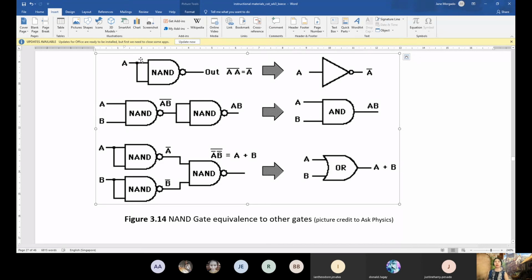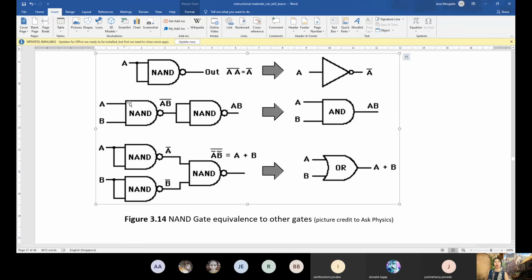We have A, so if both inputs are A, A times A is A, and then invert, so it becomes A prime. And then here we have a NAND followed by an inverter. So this is equivalent to an inverter.